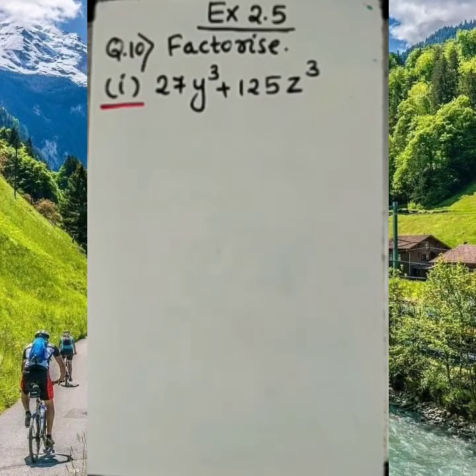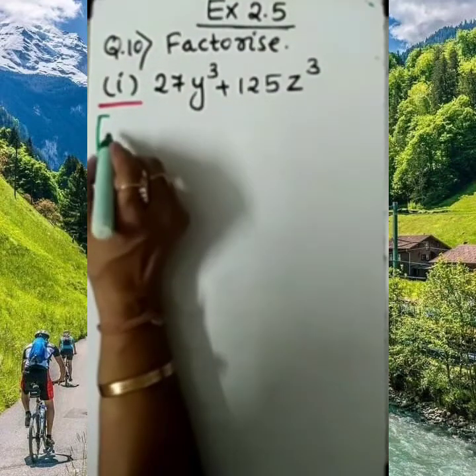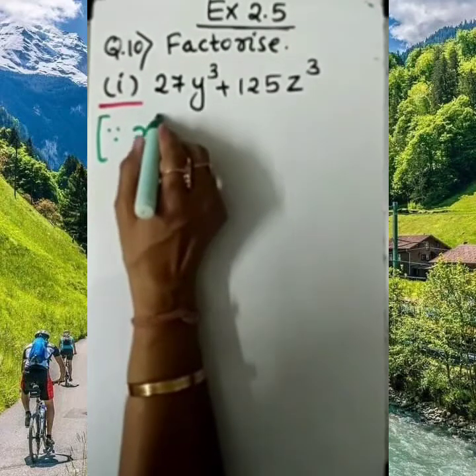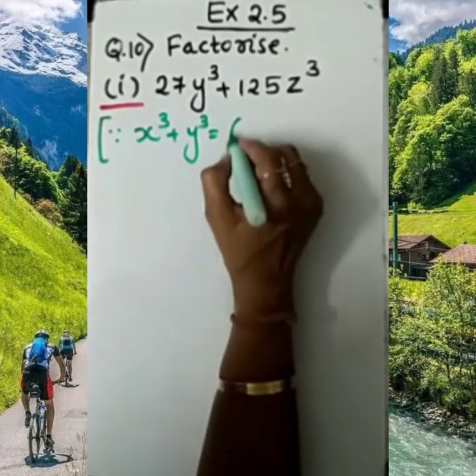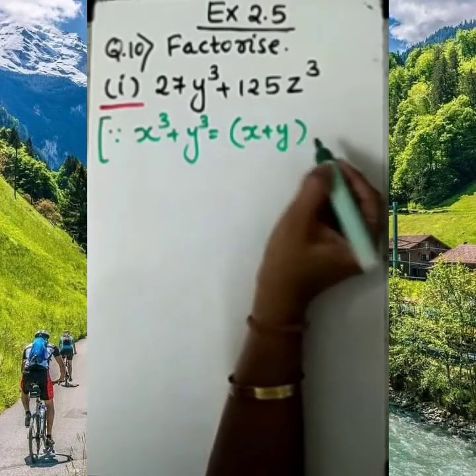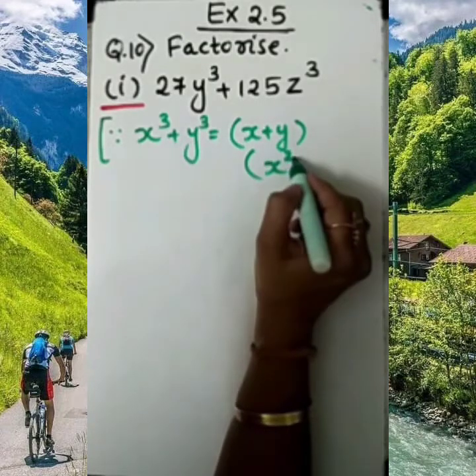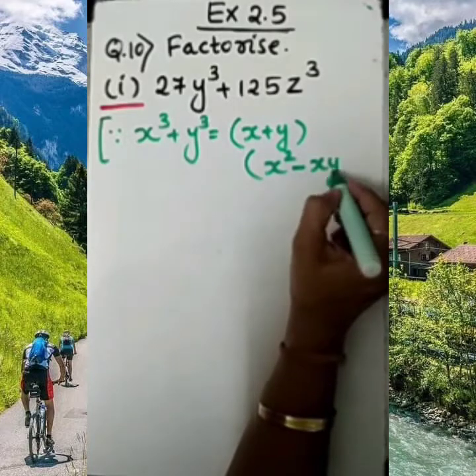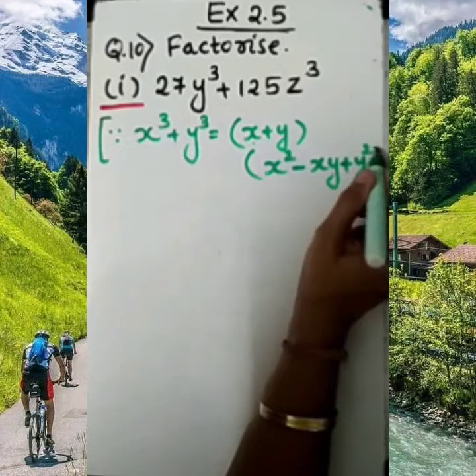Before we proceed, I am giving you the formula for the identity first, which we are going to apply. The formula says x cube plus y cube gives the result x plus y in one bracket. In another bracket, the square of the first term, here a plus sign so we need to write minus, the product of the first term and second term, and the square of the last term.